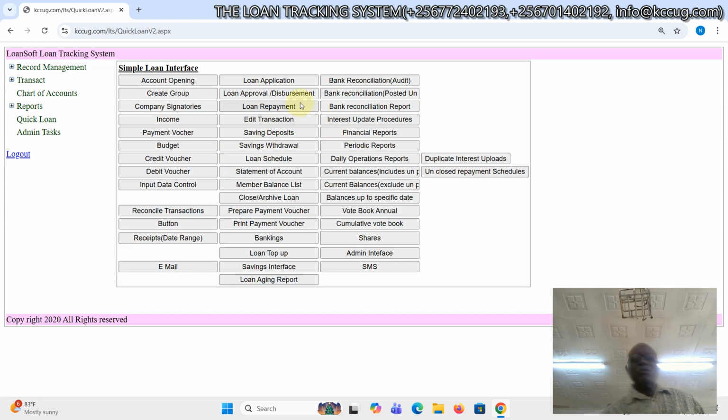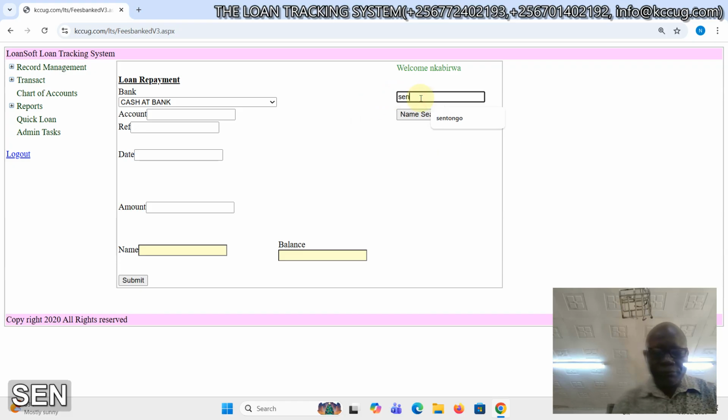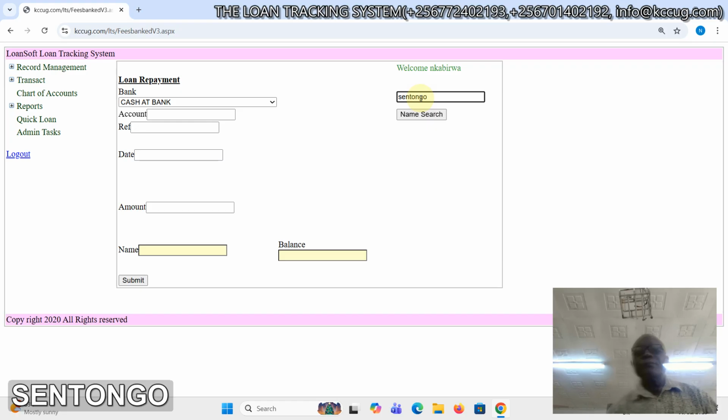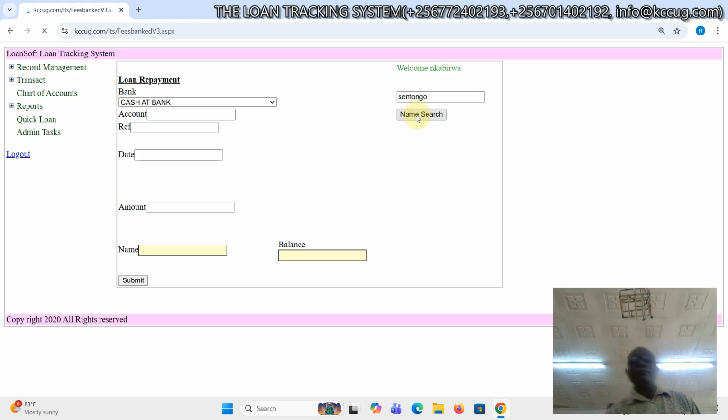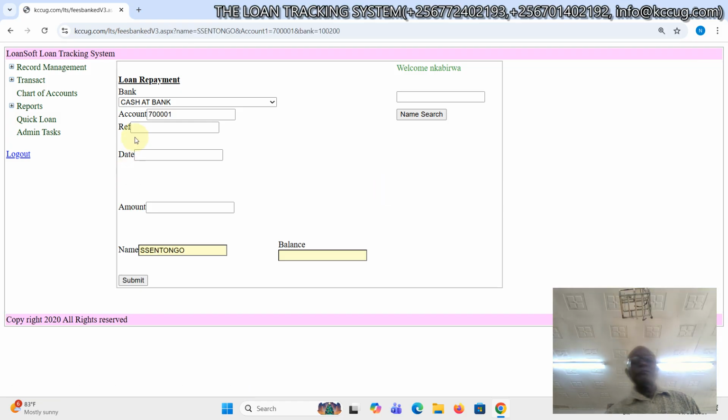So click on loan repayment, cash at bank, Sentongo. Cash deposit.